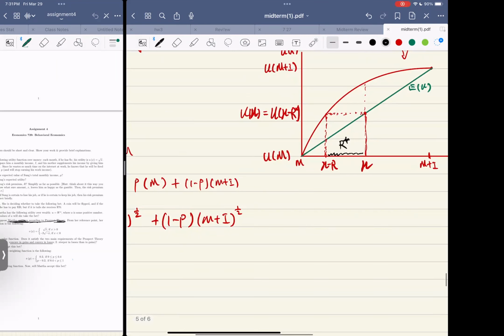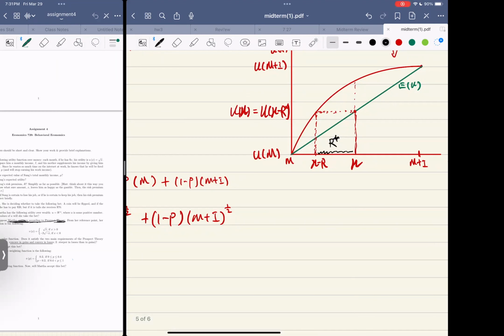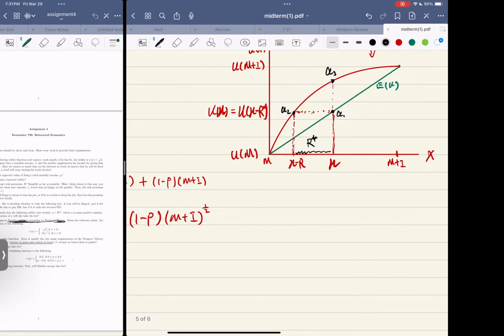So we have point A1, A2, well, point A3. A2 is our utility of mu, that's the expected utility.